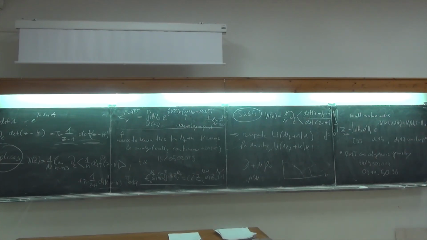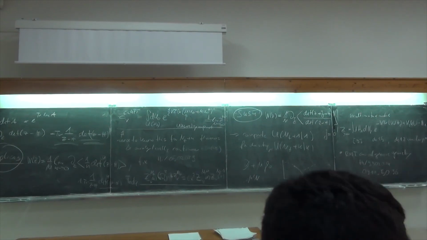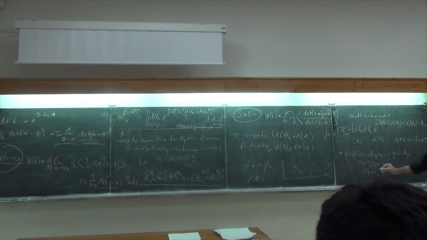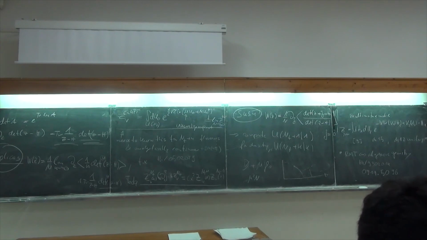I gave already a reference to this review by Marcos Mariño, where he also talks about instantons and matrix models. Maybe you want to learn about this as well, because you followed Francisco's lecture.